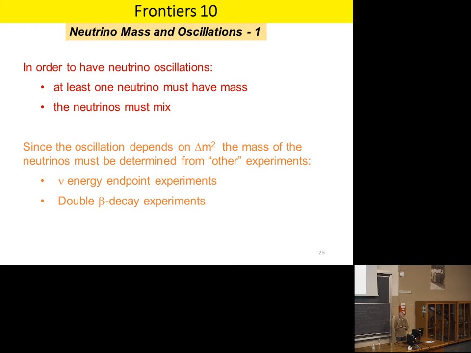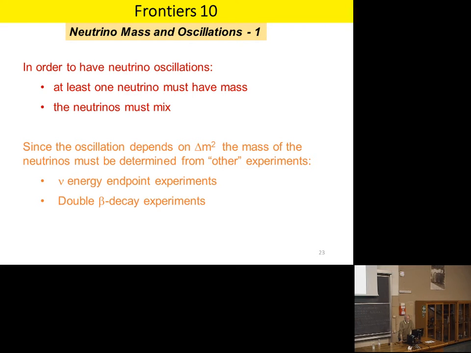The oscillations themselves depend on what the difference is in mass between these neutrinos, how close they are in mass. That is what we're determining from some of the experiments that I'll show you. We know quite a bit now about the differences in the mass, but we don't yet know what the lowest mass is, except that we think it's finite.